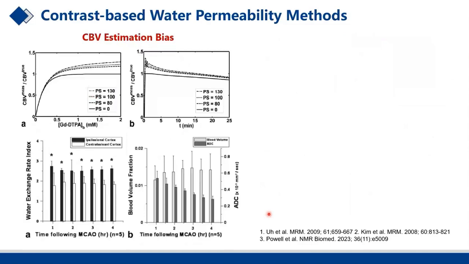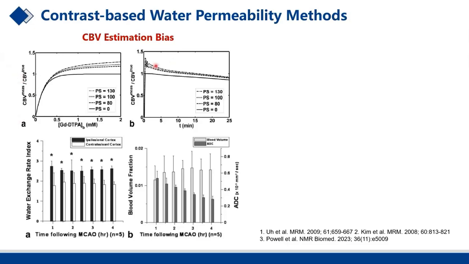In addition, as we all know, the contrast agent methods are often used to look at the cerebral blood volume, but the CBV estimation from the contrast MRI is actually biased by the water exchange. So for example, at different PS values, different permeability, your measured CBV is actually different compared with the true values of CBV.